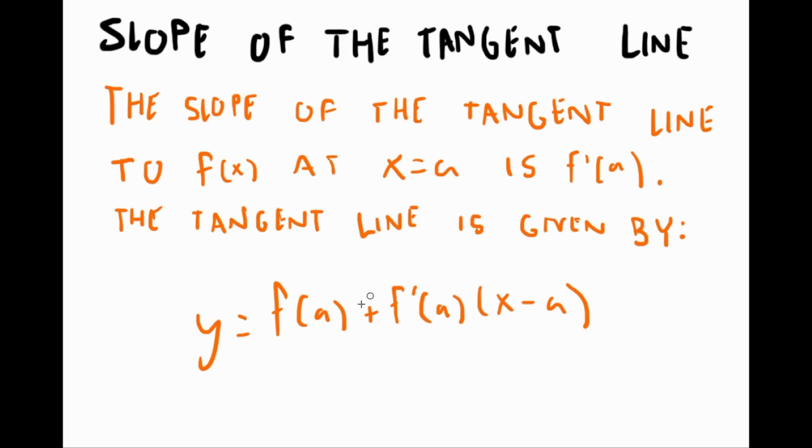So we're going to have our f of a, f prime of a, and our x minus a. And once we find all of these values, we plug them back into the equation to give our slope of the tangent line. So let's take a look at an example of how this would look.